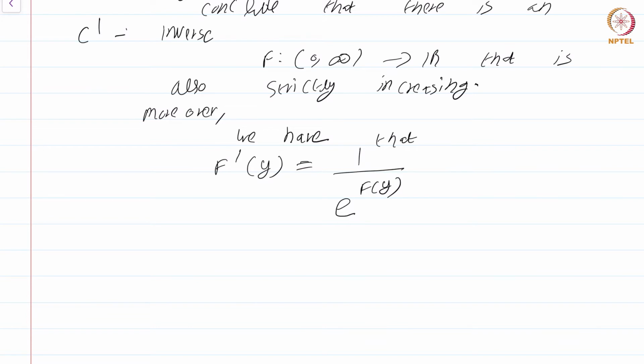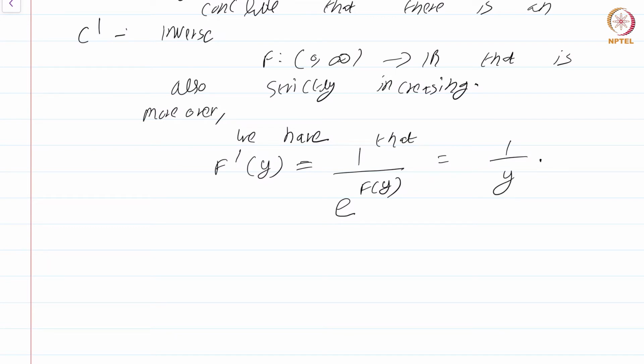The inverse function theorem tells you how to compute the derivative of a function also, right? So the derivative at y of the inverse of the exponential function will be nothing but 1 by e power f of y. Okay. Now exponential and this function f are nothing but inverses. So this is nothing but 1 by y.